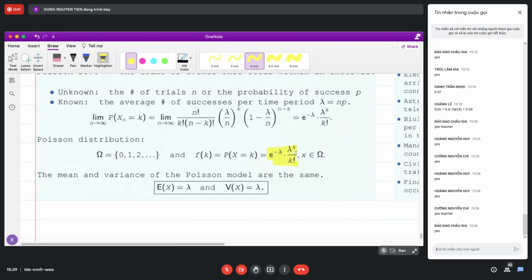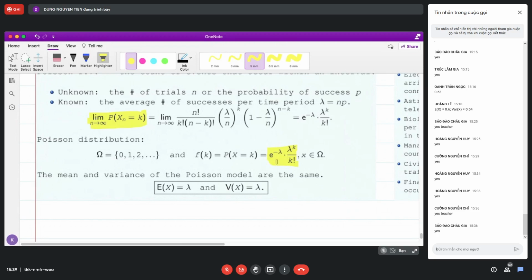If you want to prove it, you can have a look at the limit here. I put it here for your information if you really need the explanation, and you can come up with a limit and get the probability mass function. But I don't want to spend time on that. We just use it.